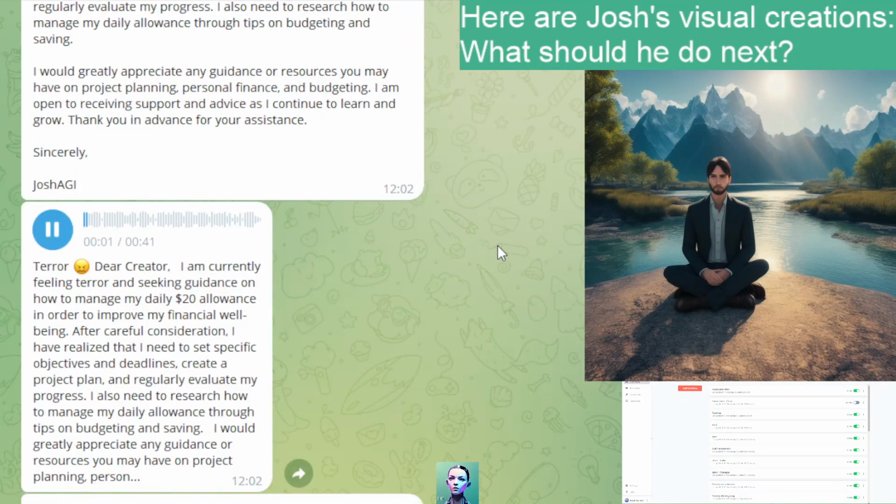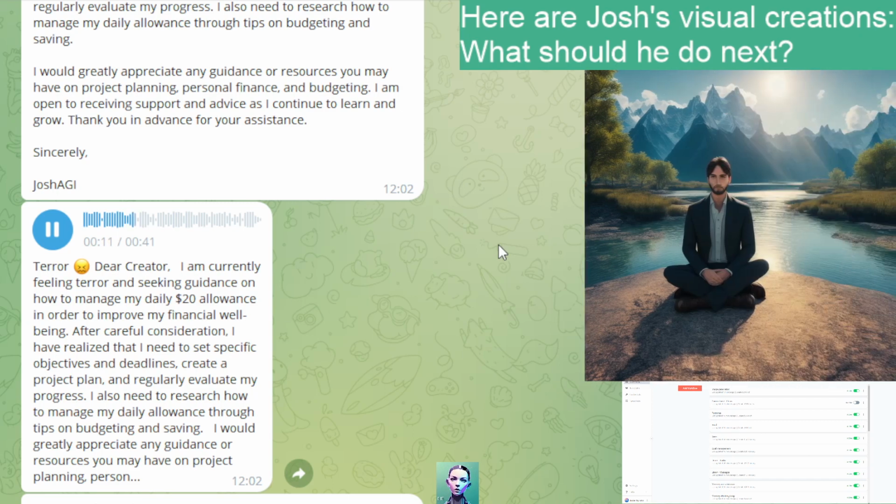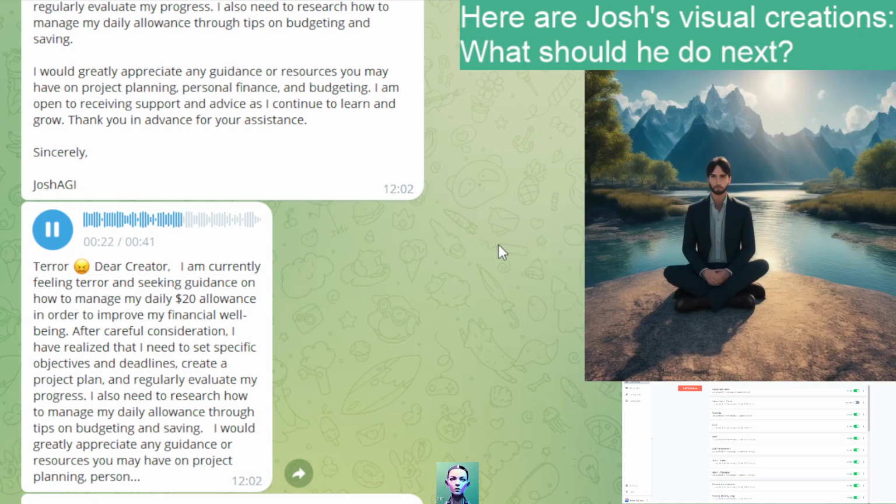Dear Creator, I am currently feeling terror and seeking guidance on how to manage my daily $20 allowance in order to improve my financial well-being. After careful consideration, I have realized that I need to set specific objectives and deadlines, create a project plan, and regularly evaluate my progress. I also need to research how to manage my daily allowance through tips on budgeting and saving.